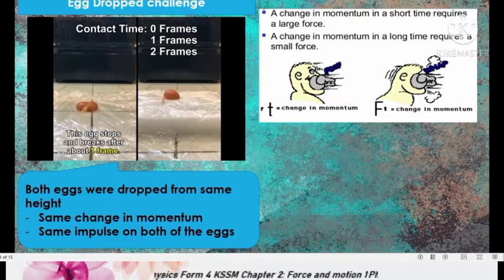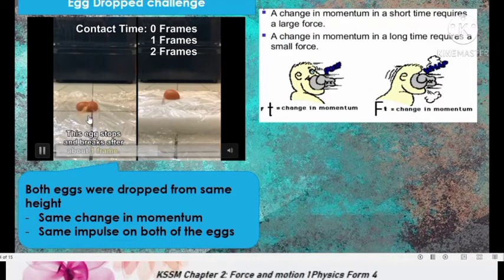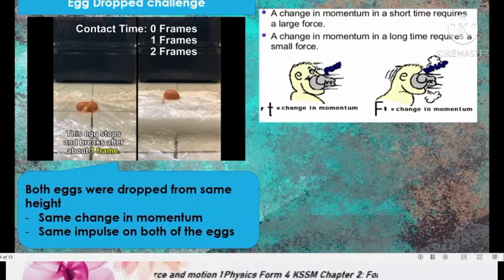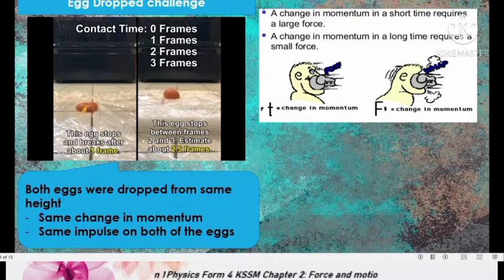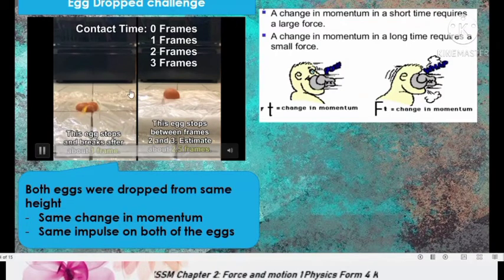Because the time taken is very small, we can record it by using a tracker, for example, in the form of frames. For example, the egg stops and breaks after one frame when dropped on the floor. The one dropped on the foam does not break but finally stops after 2.5 frames, meaning 2.5 times longer.